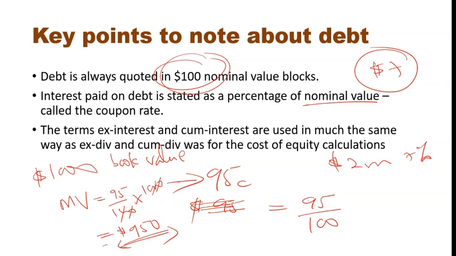Interest paid on debt is stated as a percentage of the nominal value called the coupon rate. The terms ex interest and cum interest are used in much the same way as ex div and cum div was for the cost of equity calculations. Okay.